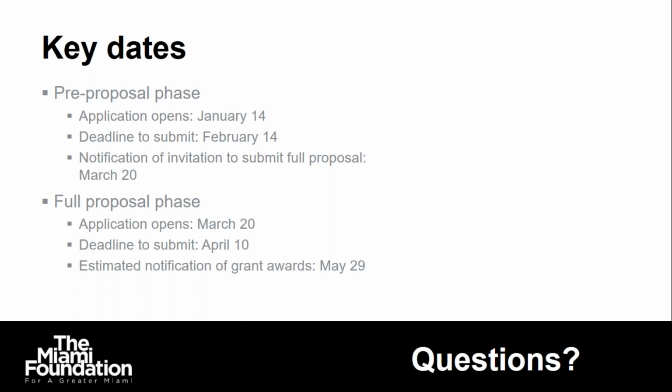From there, the full proposal phase will open up, with the deadline to submit being April 10th. And the estimated notification of all grant awards after the full proposal stage is the end of May, around May 29th.